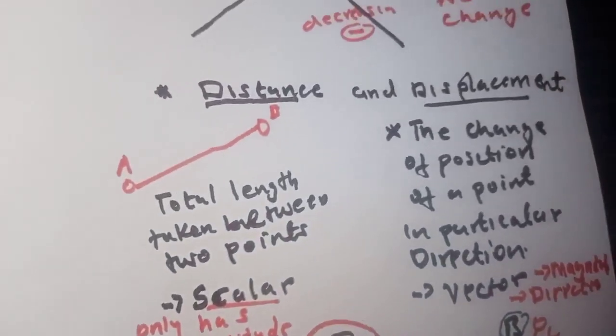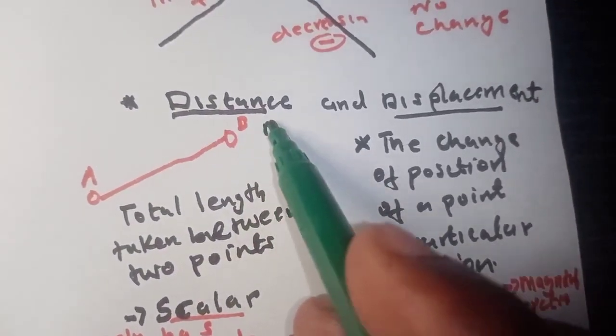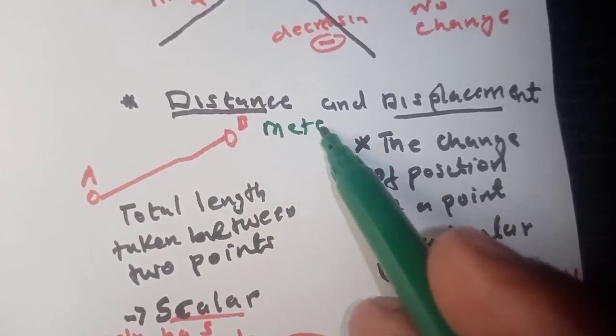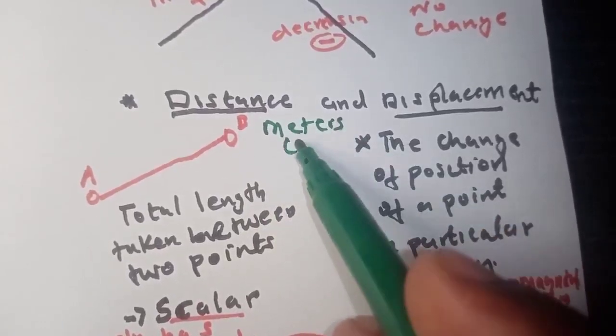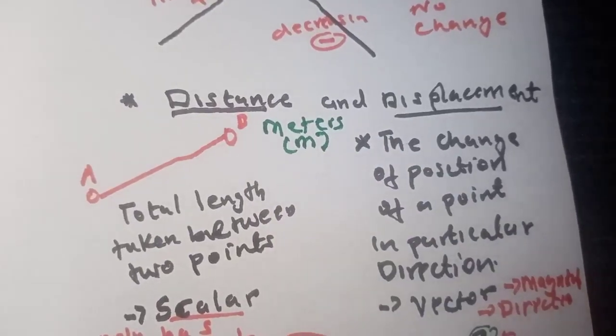So when we look at distance and displacement, their SI unit, for both of them, is meters. Meters is denoted by a small letter m. These are the SI units for both.